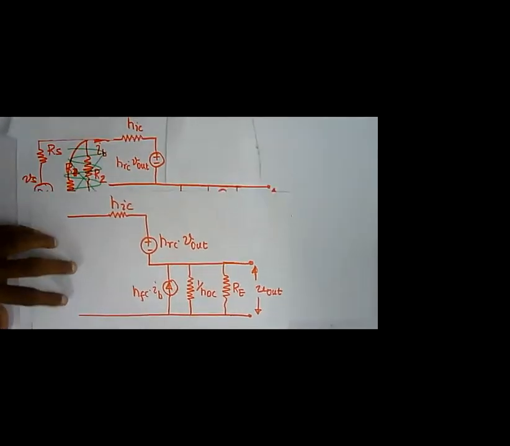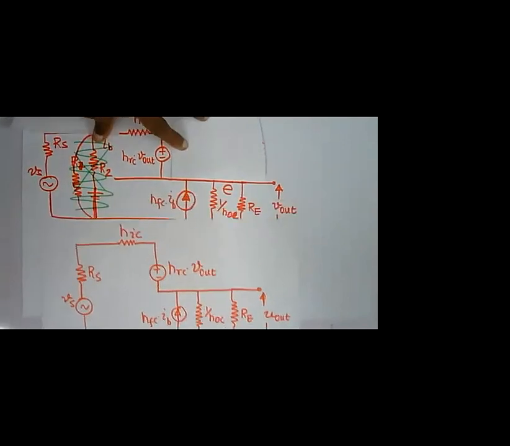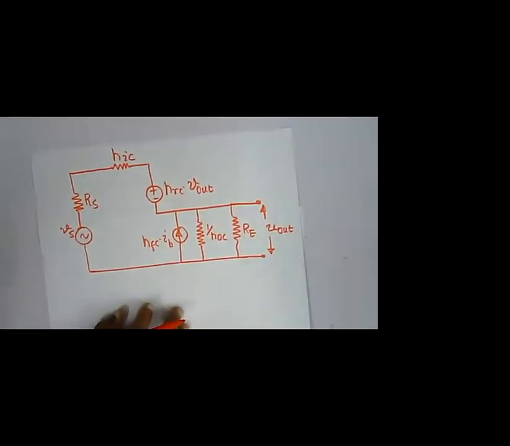Similarly here I am going to have RS and VS that is connected here. So this circuit I have simply redrawn without all the deleted branches.